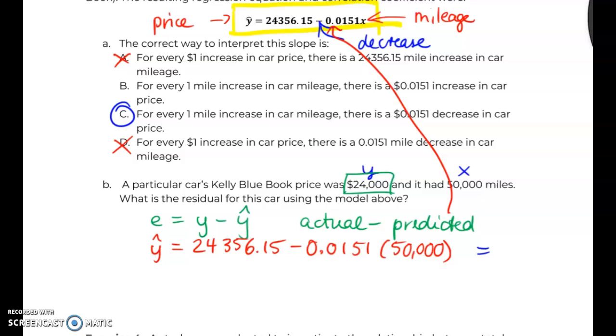So this gives us a value of $23,601.15. And the units for that is in dollars, because we're looking at a predicted price of this car.